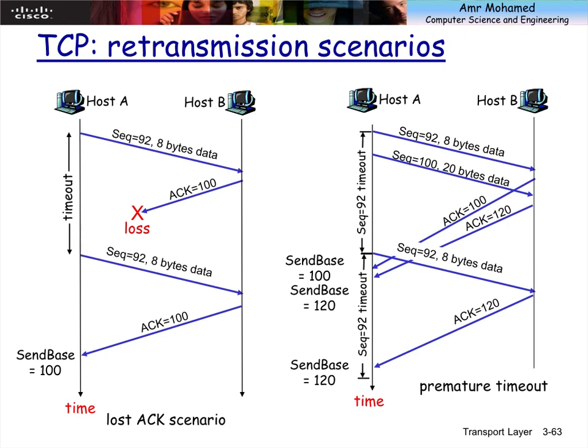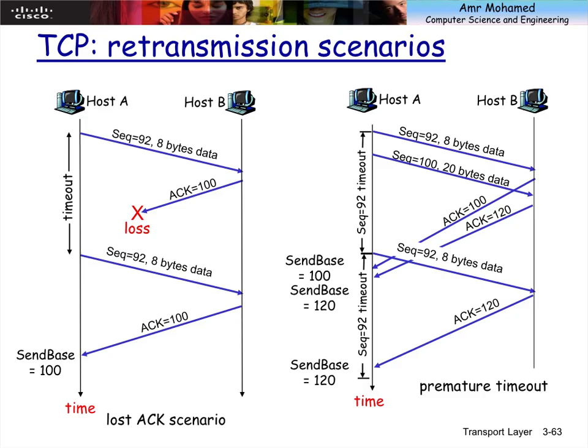If the timeout is long and I have to wait for the acknowledgement for each segment before I send the next one, then the channel utilization will go down. For example, for this segment, the acknowledgement was lost, assuming this is stop and wait.